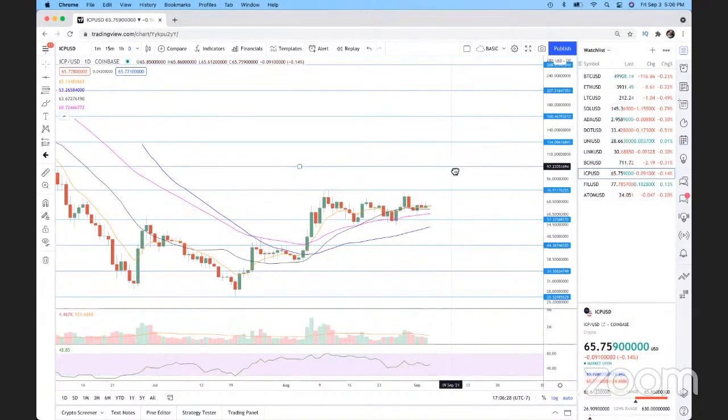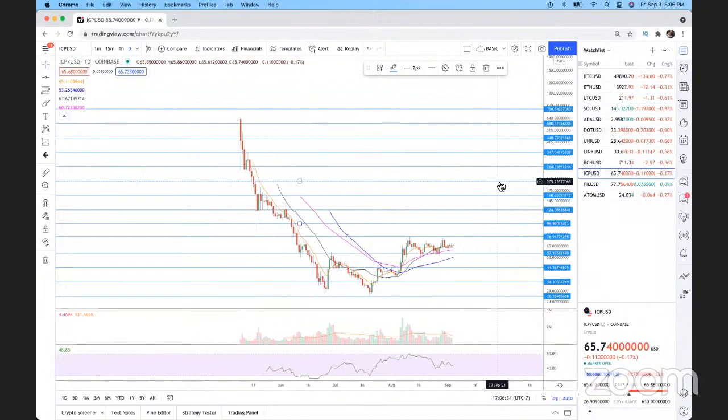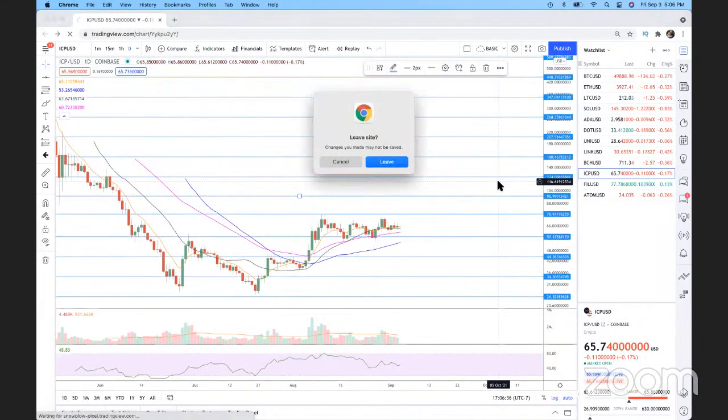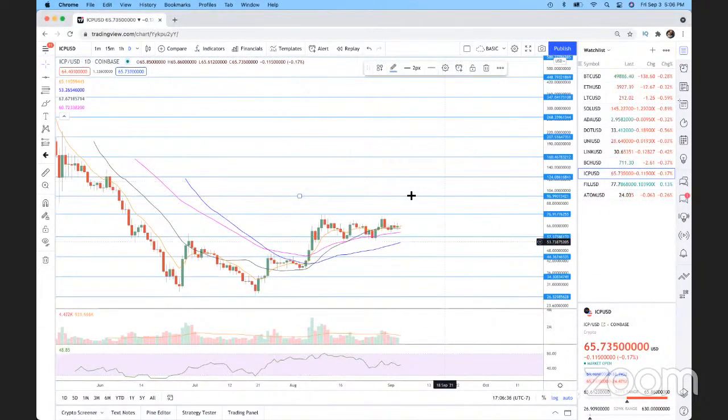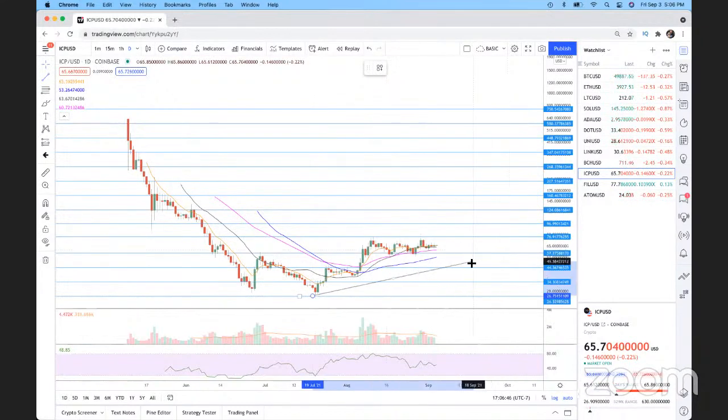So you see, I can move these lines, because those lines are meant to be moved. They're not static. So always modify those things if they don't fit the current price action.